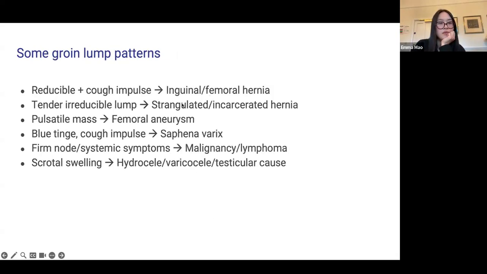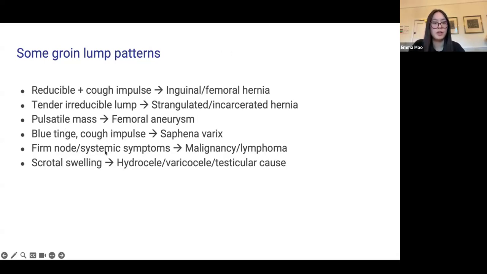Okay. Oh, and then also more patterns. So reducible with a cough impulse is likely an inguinal or femoral hernia; a tender irreducible lump is a strangulated or incarcerated hernia. If it's pulsatile, femoral aneurysm. If there's a blue tinge, that's likely to be the saphena varix, a massive varicose vein.